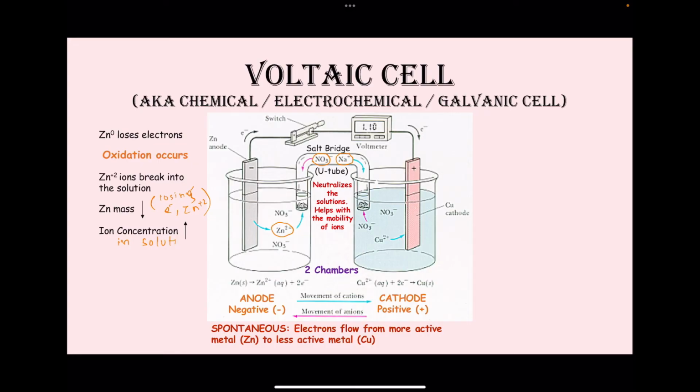So there are going to be more and more ions in the solution. Okay, so this is what your half reaction is going to look like on the zinc electrode, because it's oxidizing. One zinc atom is converting into a zinc ion and losing 2 electrons.